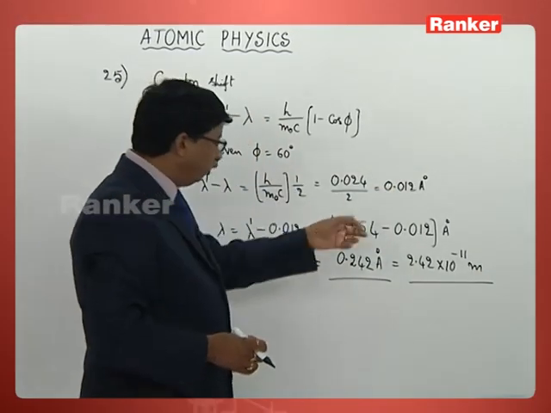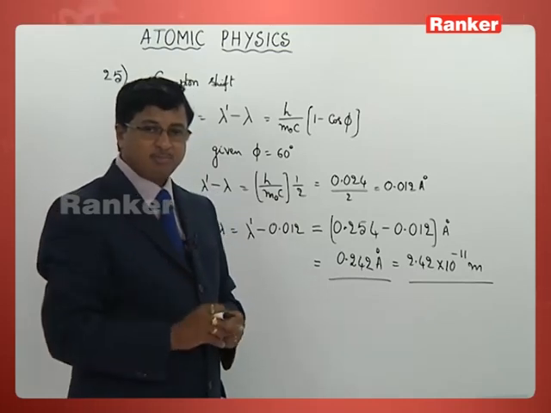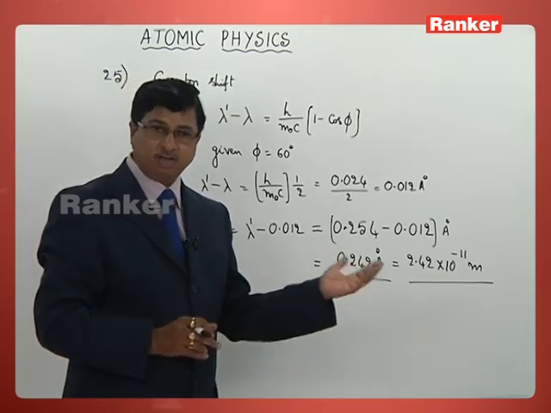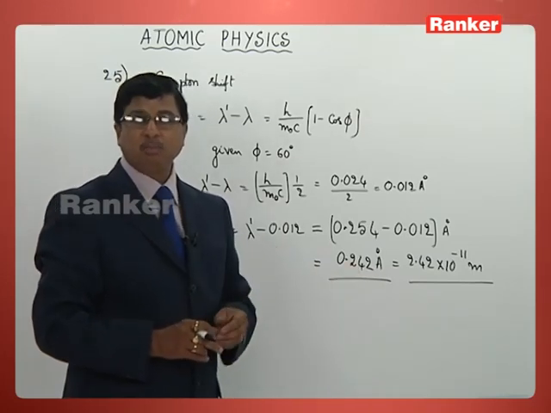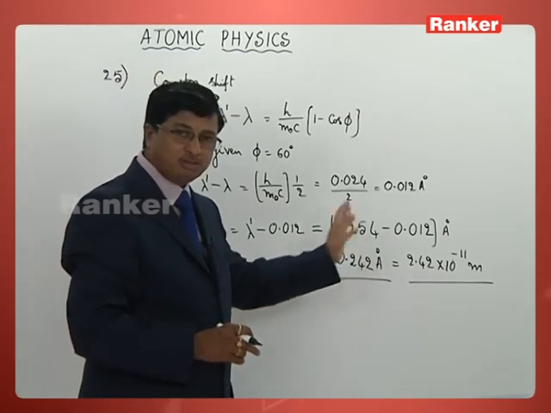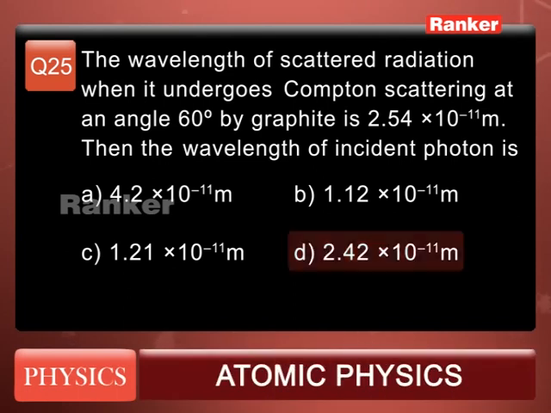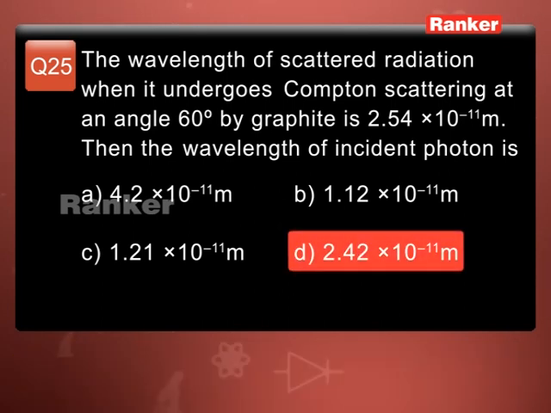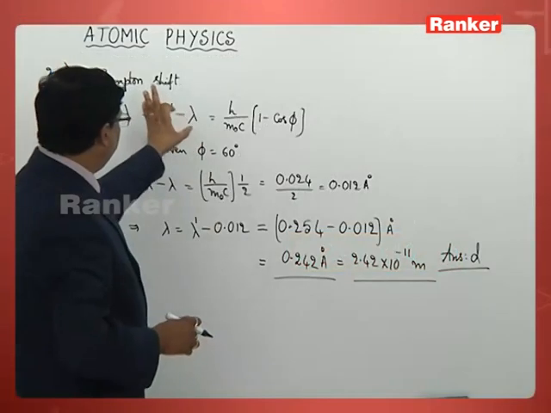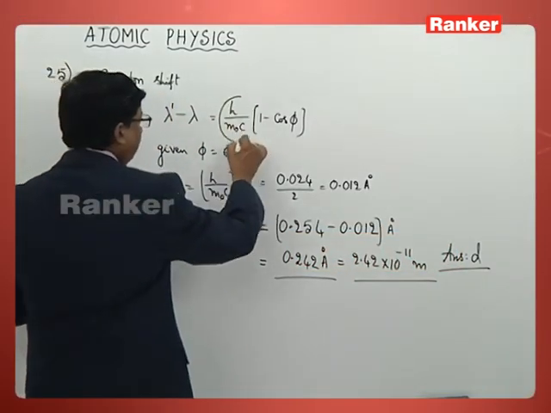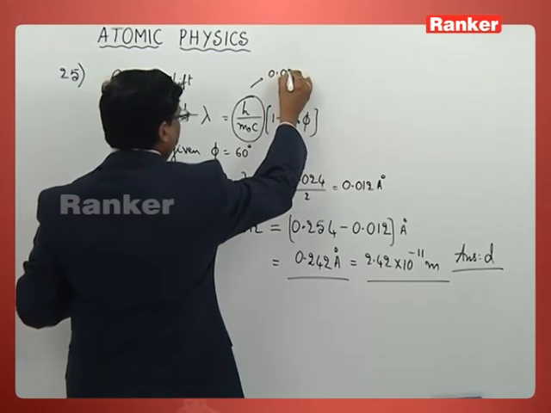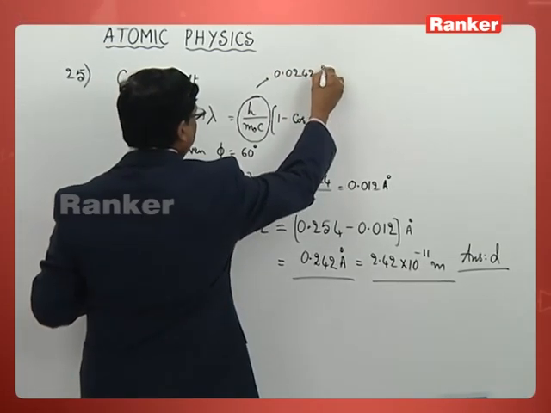So out of all the 4 options, look at the fourth option. The first option, 4.2 into 10 power minus 11, is not the correct answer. The second option, 1.12 into 10 power minus 11, also is not correct. So the correct option is 2.42 into 10 power minus 11 meter, which is the fourth option, D. One should understand here, the h by m naught c value you should directly remember as 0.0242 angstrom units.